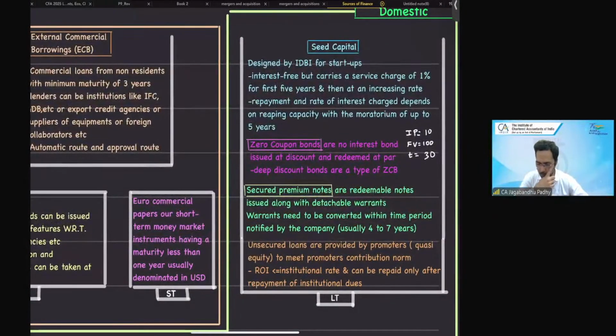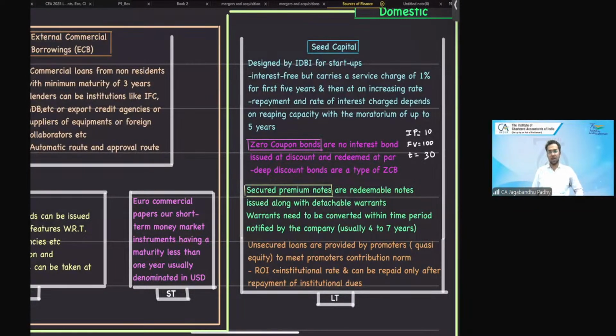the first thing that we have is something called seed capital. Okay, seed capital. What's the meaning of seed capital? Seed capital is generally provided to startups. Now, generally, startup companies, do you think they will have sufficient cash flows and profit to pay interest?